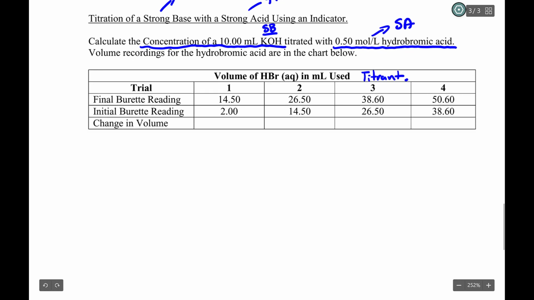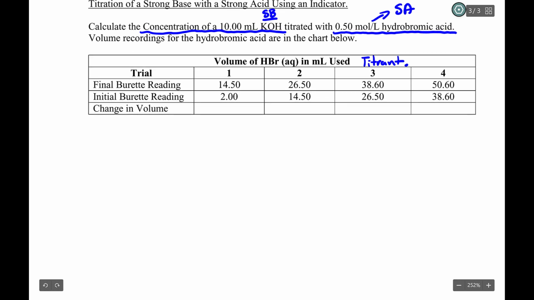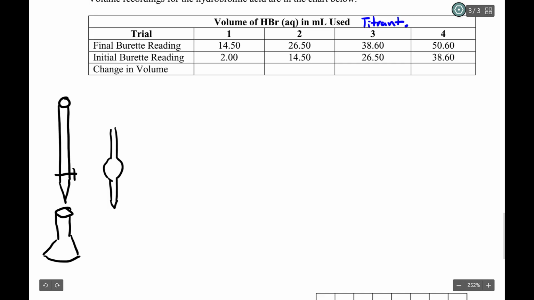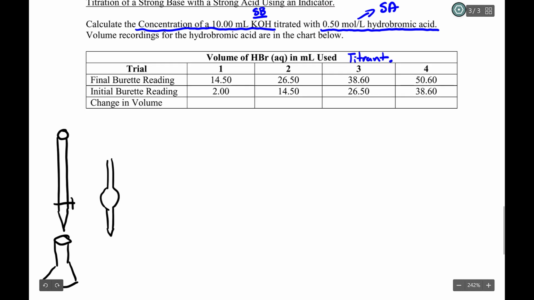So what I like to do here is we'll draw out the equipment. So I'll say, all right, we've got a burette, and we have an Erlenmeyer flask, okay, and we have a pipette. If you feel confident enough at this time, I would like you to state what solution goes into these different pieces of equipment.